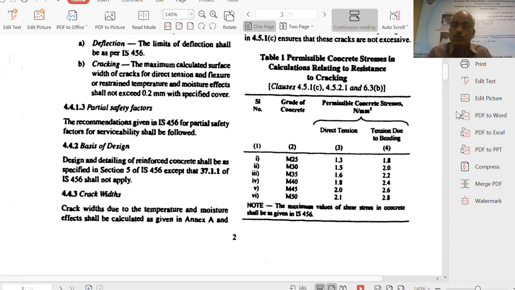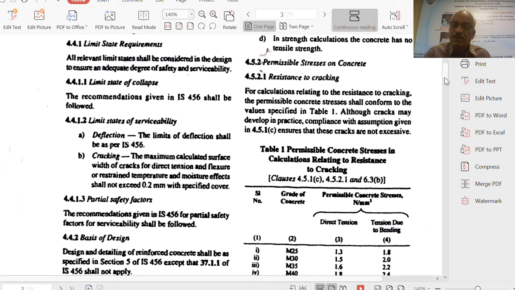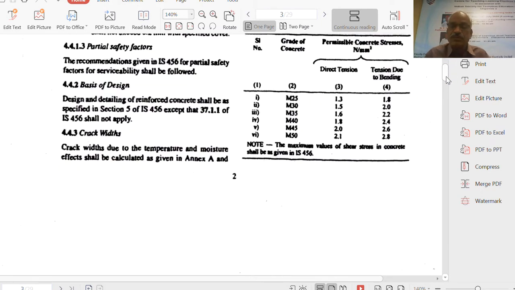These are the allowable stresses in concrete, based on cracking stress consideration. For calculation related to resistance to cracking, the permissible stresses in concrete will be as given in the table below. Yes, these are the values.